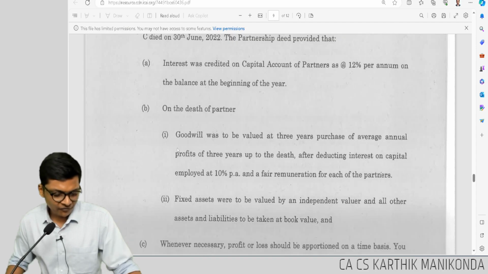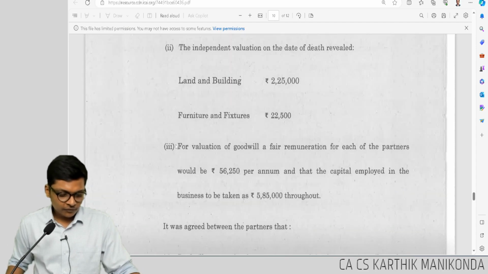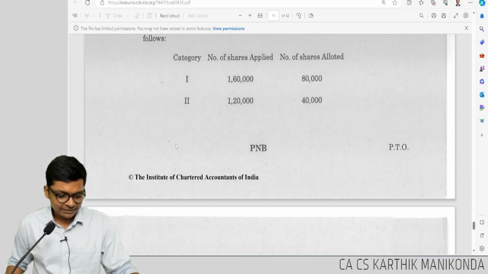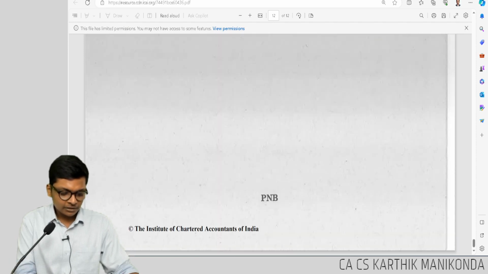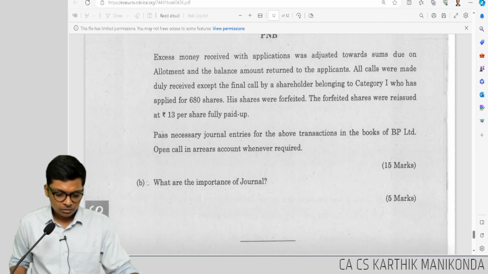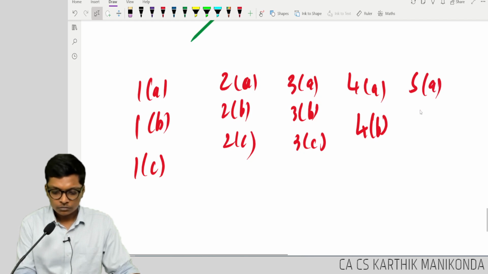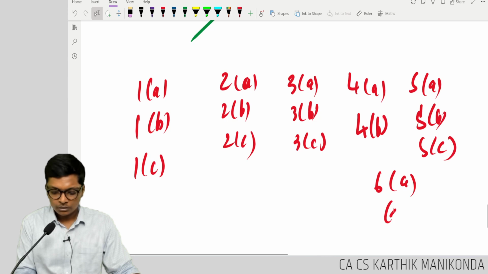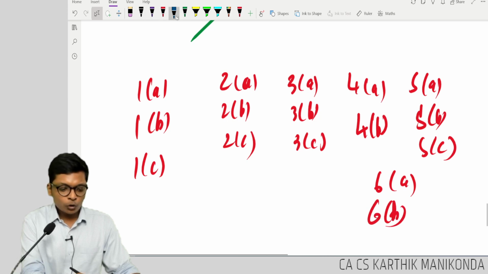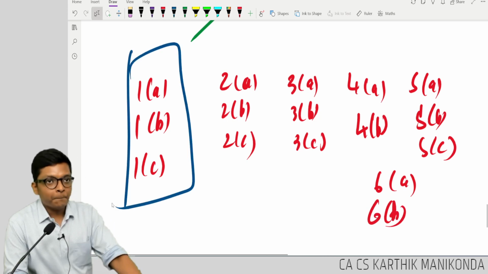I'm just taking a paper. Question 5 goes till C and the 6th goes till B. That's it. And 6A and 6B.